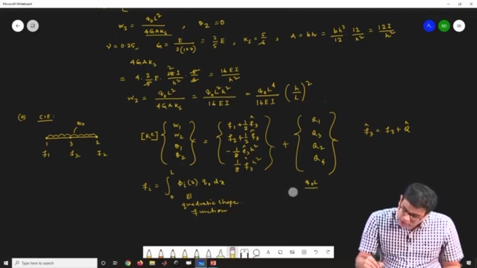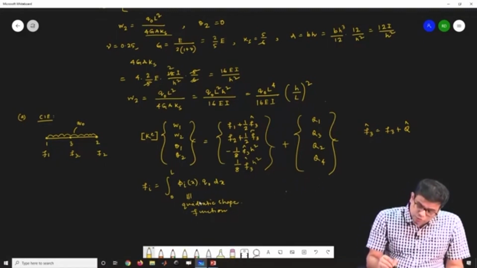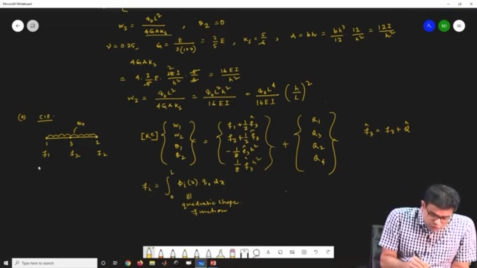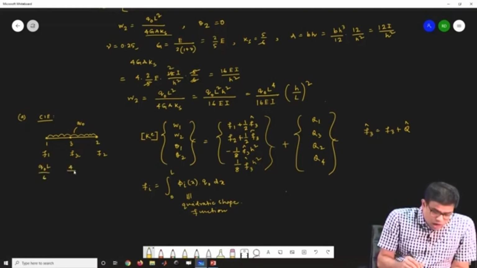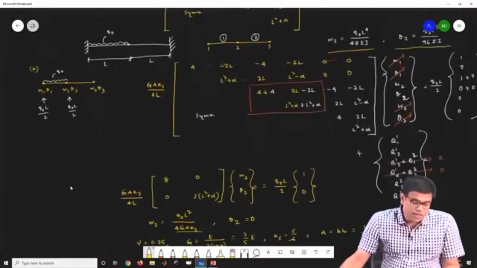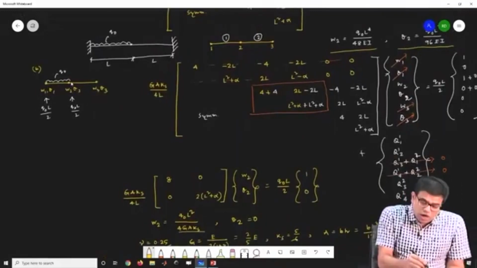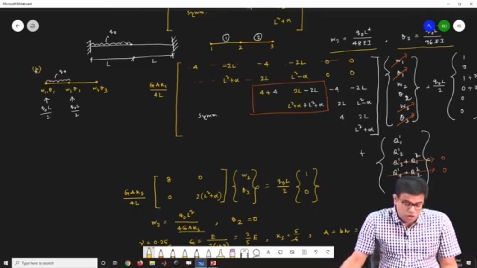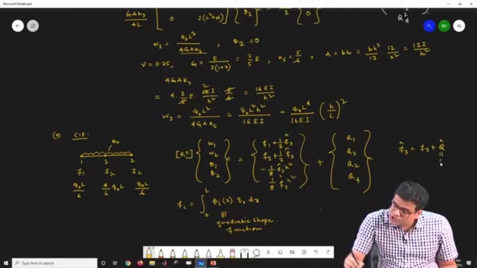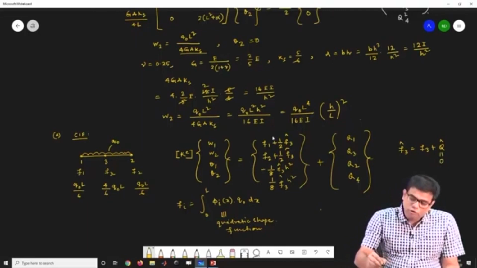If you just put the quadratic Lagrange shape functions and q0, then f1 will look like q0 L by 6, and this is 4 by 6 q0 L, and this is also q0 L by 6. Now in the beam element, there is no force acting on this, so naturally at the midpoint also there will be nothing. So this quantity will be 0.